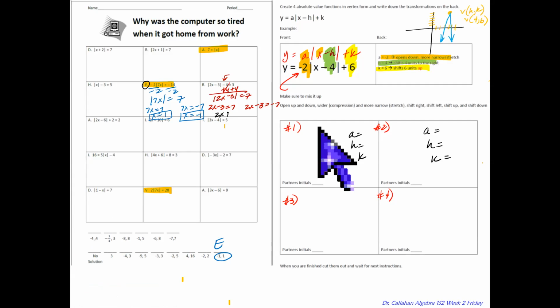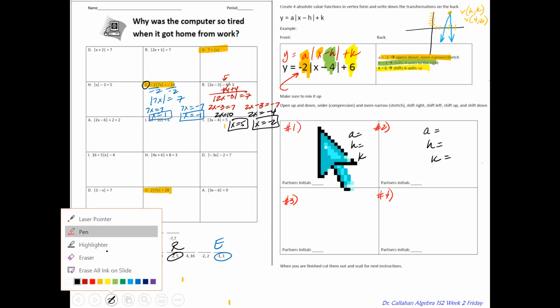So 3 plus 7 is equal to 10. -7 plus 3 is -4. And then when I divide by 2, I get 5 for my first answer and -2 for my second answer. So which one here has 5 and -2? Right there. So that's going to be the letter R.